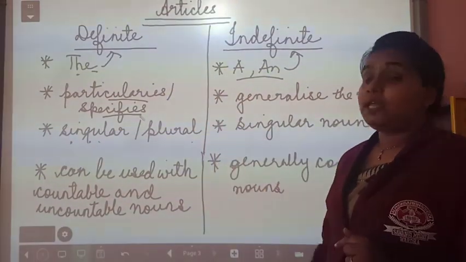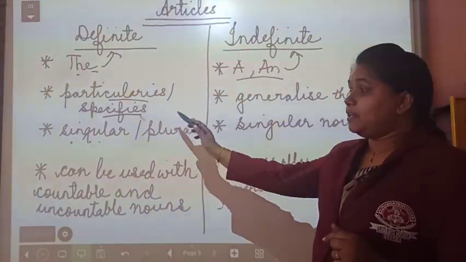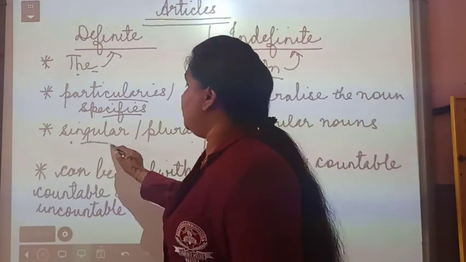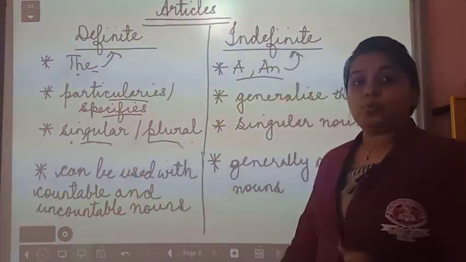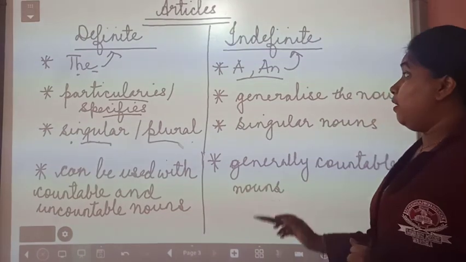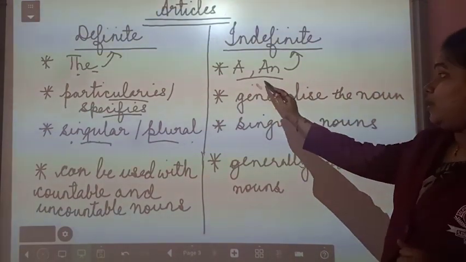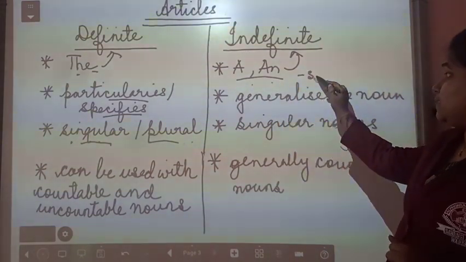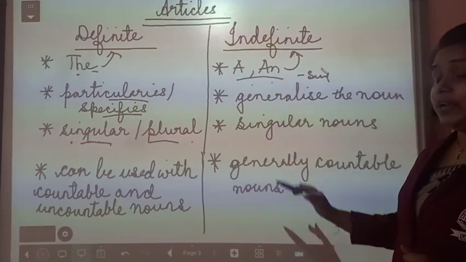The definite article can be used with singular as well as plural nouns. But our indefinite article a or an only stands with a singular noun. They are singular in number.